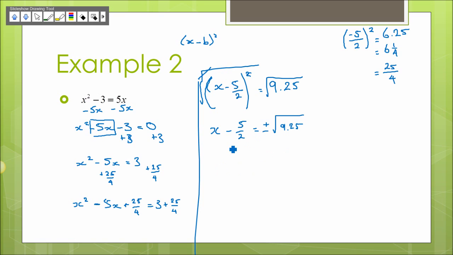And then we add 5 over 2 to both sides to give us x equals plus or minus the square root of 9.25 plus 5 over 2. So you've still got two answers. You've got the square root of 9.25 plus 5 over 2 and minus the square root of 9.25 plus 5 over 2. And that's your two answers again. All right, next one.